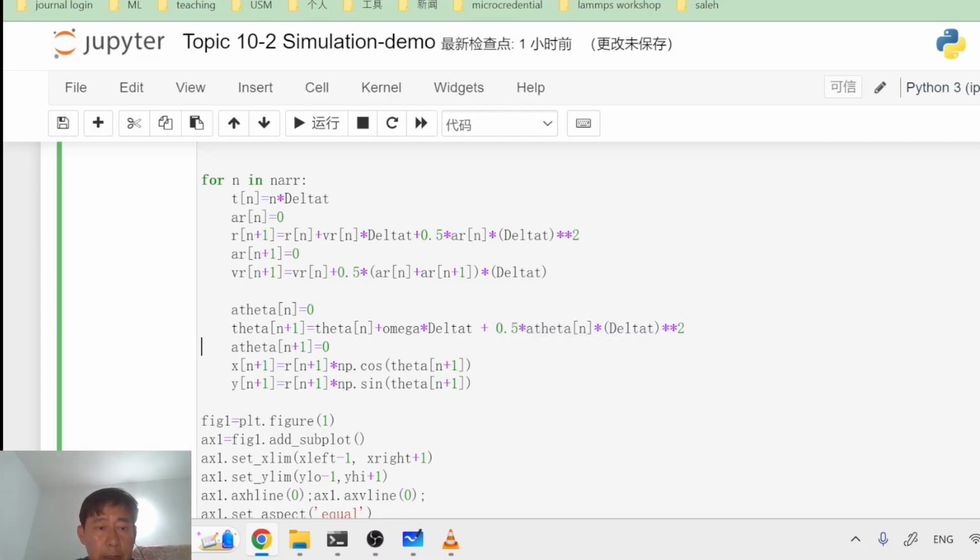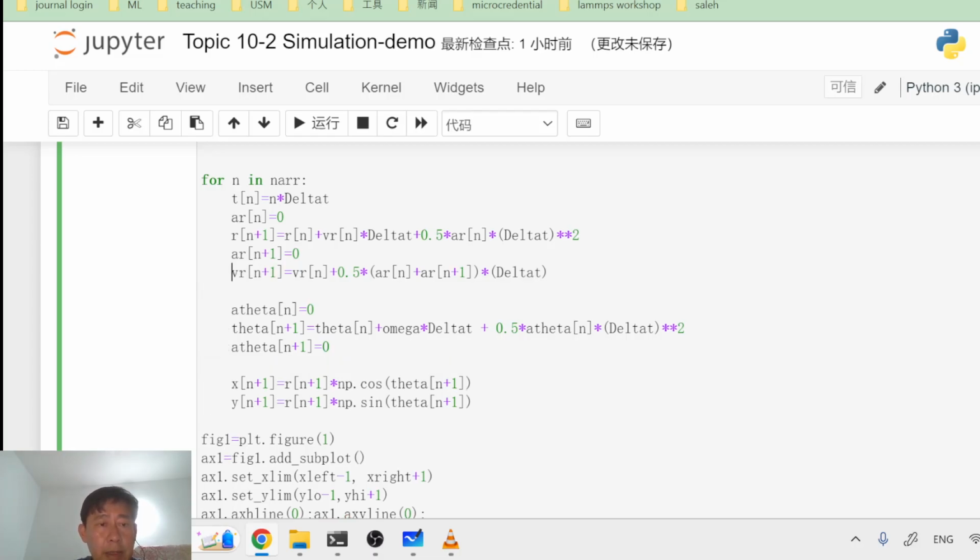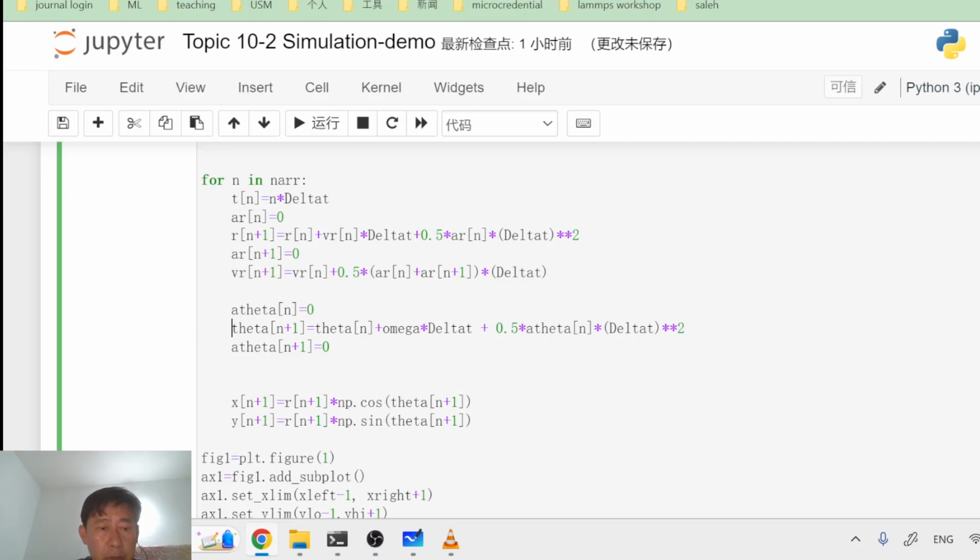Then again, the A theta, whether you update it or not, is always equal to 0. Then once you have done that, we have finished updating the theta, A theta n, and also the theta.